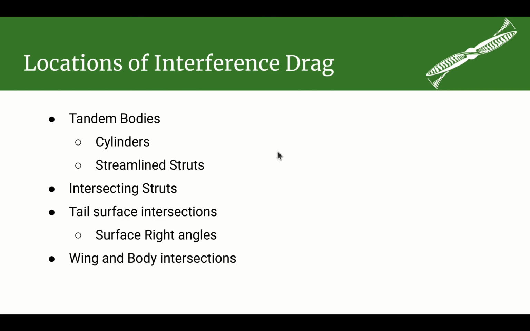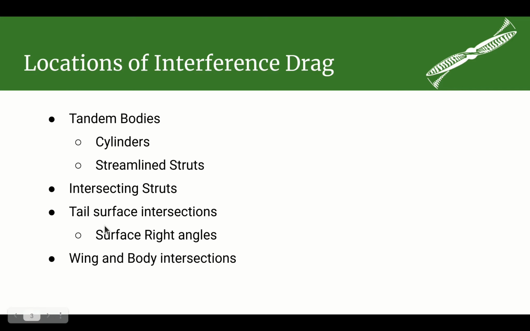Now, to help us apply that definition to actual locations on the airplane, we're going to talk about several different instances of where interference drag can occur. For example, tandem bodies, one body in front of the other in reference to the airflow direction. We'll talk about cylinders, one after the other, and then streamlined struts where one is in front of the other. We'll also talk about intersecting struts, something like a jury strut intersecting a main strut.